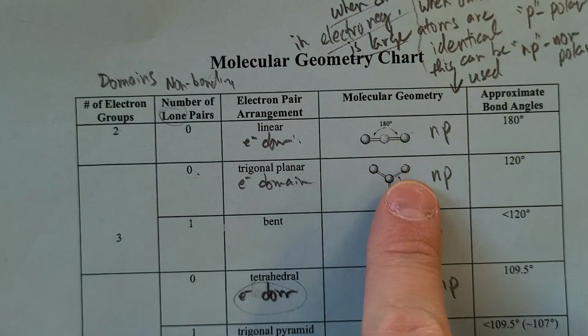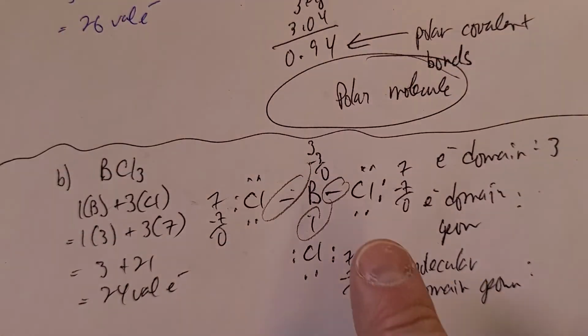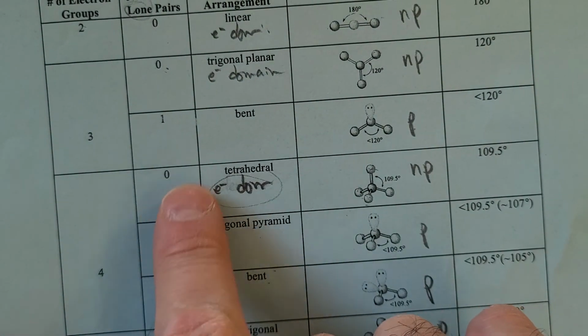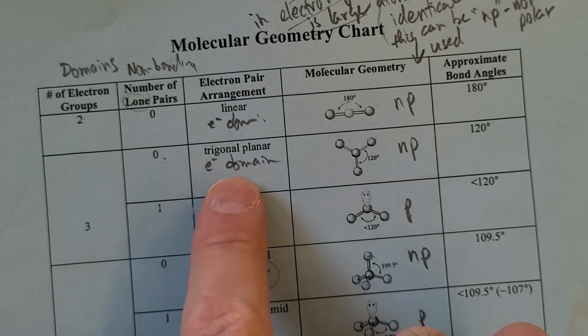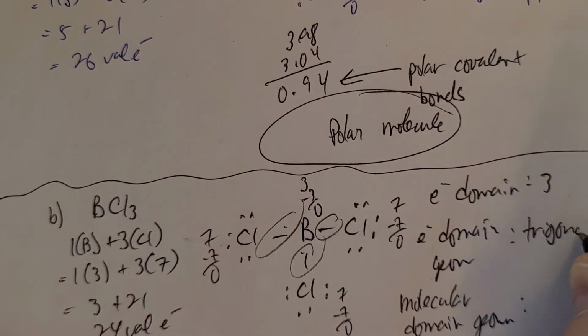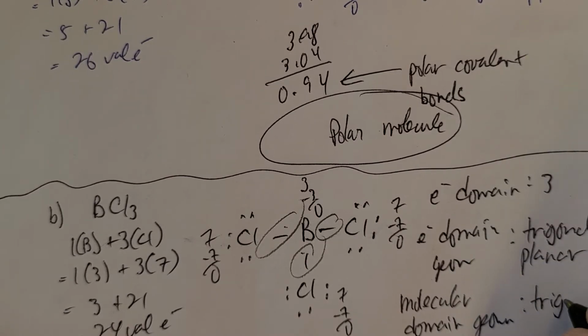Let's see, there it is, trigonal planar, and there are 0 non-bonds, so it's going to be trigonal planar as well for both of them. Now, because the molecular geometry is trigonal planar, we know that it's going to be non-polar.